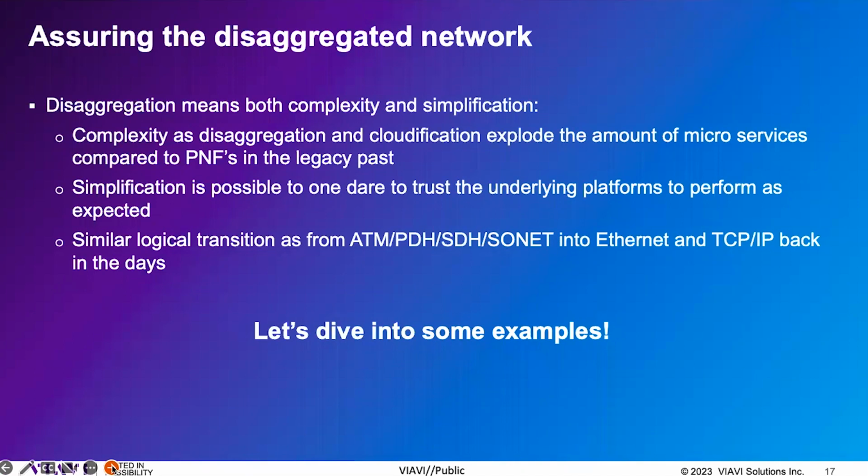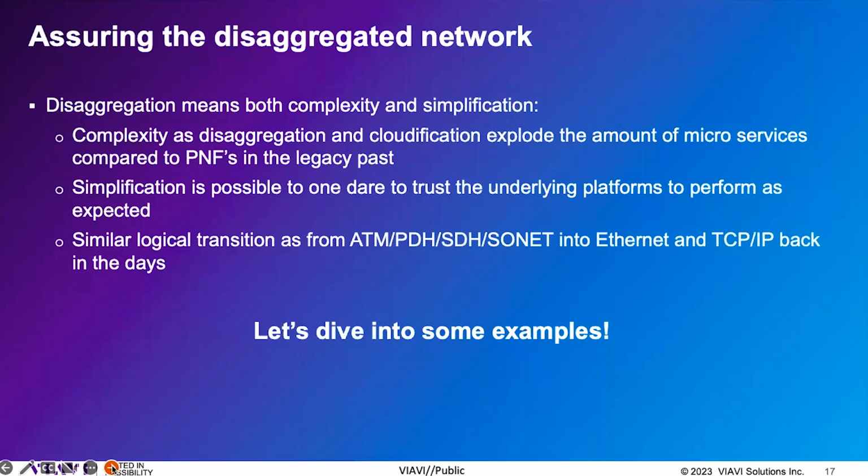So we move the PNF into CNF, and that CNF is then decomposed into multiple microservices that are basically building up this capability. If we trust that this works, then we will be able to achieve horizontal and vertical scalability in a very good way. But this takes a new set of trust into the system that you have to build.